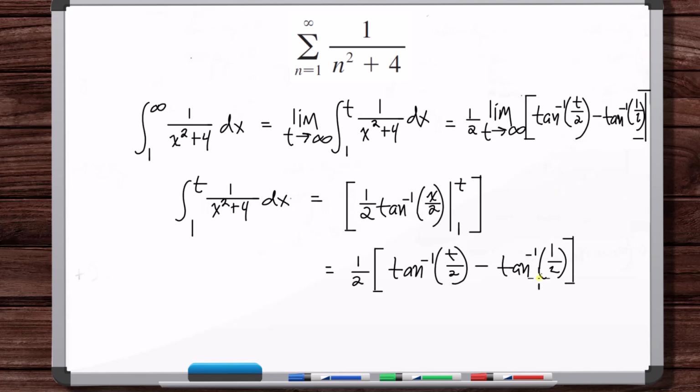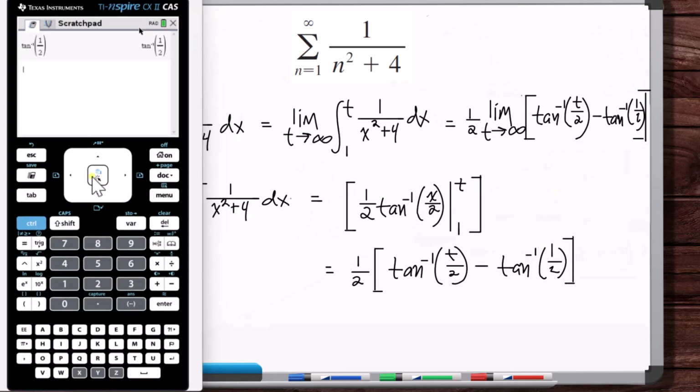Okay, as t approaches infinity, I believe that's going to converge. As t approaches infinity, arc tangent of t divided by 2 is pi over 2.